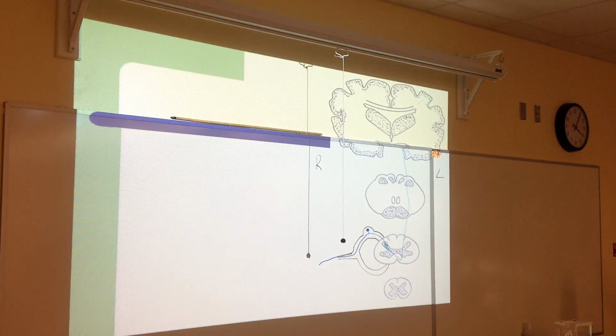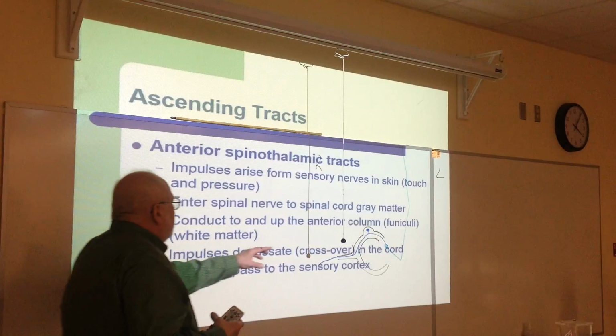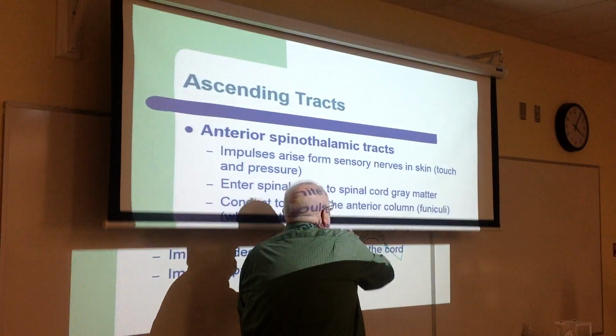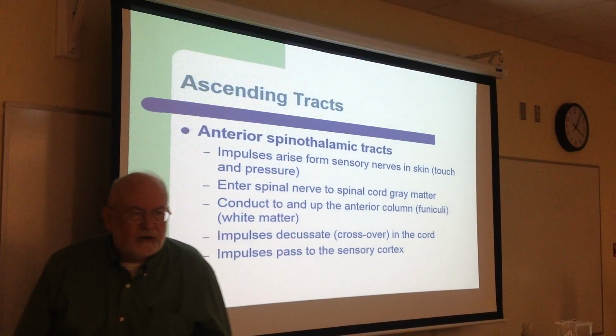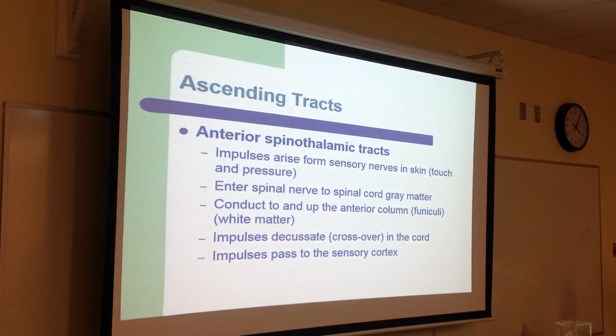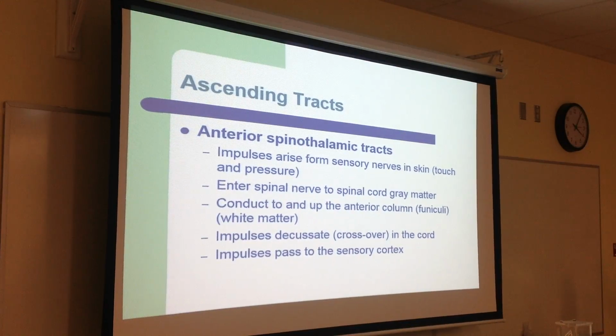Okay, so I think everybody's got it. Now that one's pretty simple, right? Now let's just sum up again. We're looking here at the anterior spinothalamic tract. What kind of information is it conveying? It's either touch or pressure. It conducts through a sensory nerve to the cord.